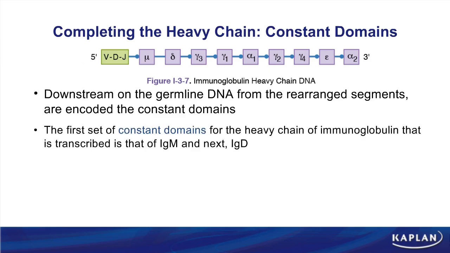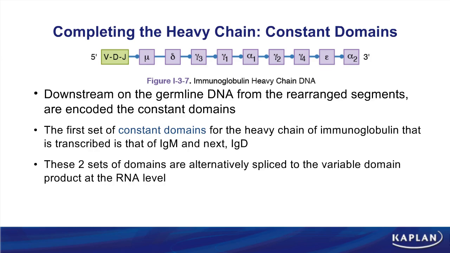The first set of constant domains that you see are mu and delta. And until a B cell comes in contact with antigens, those are the only 2 constant regions that you can generate. You will also recall that it is the IgM and the IgD molecule that are found on the surface of a naive B cell.